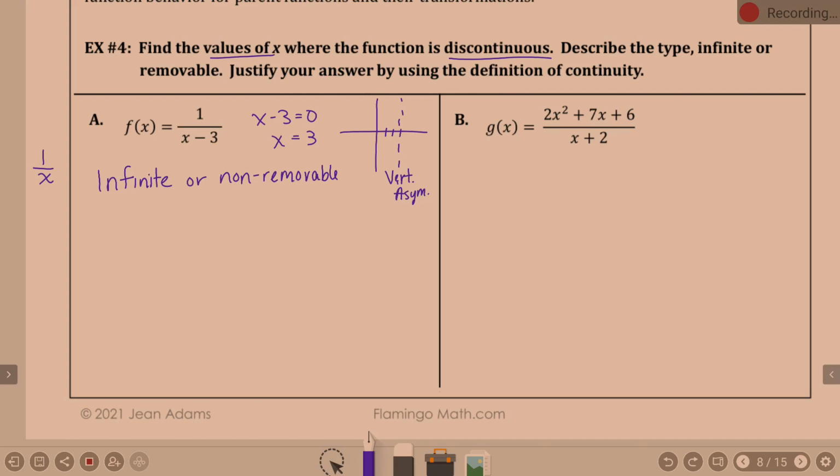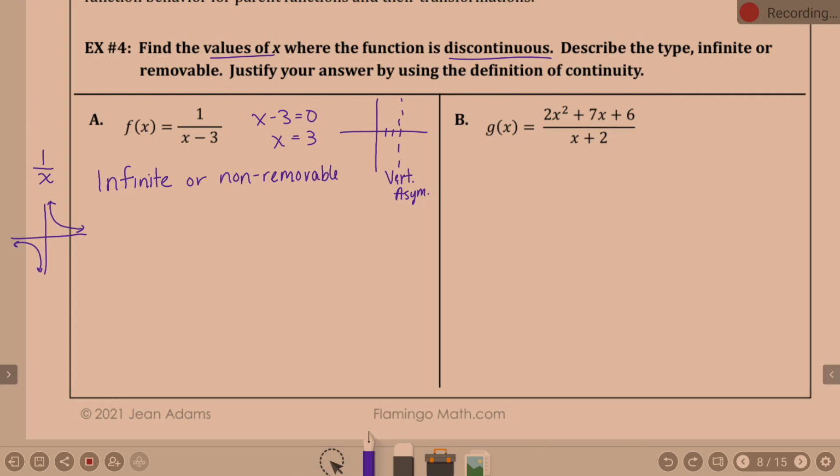Y equals x is a diagonal line, but when we put it as 1 over x, we've got that vertical asymptote. This falls into, I don't know if you guys remember, we called it the reciprocal function. It was one of those 12 functions. It is the one where there's a piece in quadrant 1, there's a piece in quadrant 3.